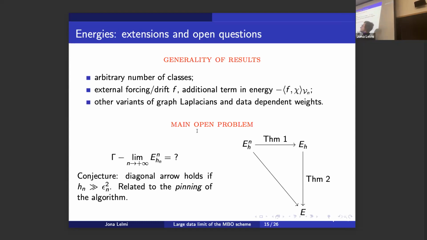This is related to what we mentioned before: if h is too small, the algorithm is pinned, and if h is too large, the algorithm is trivial. So to have this, you need a relationship between h and epsilon_n, and that's what we conjecture to be true. But we are not able to show this now. Okay, so this concludes the story for the first question, the convergence of the final outcome.